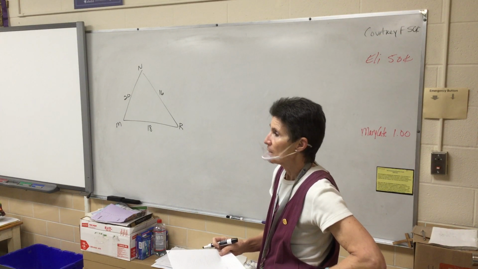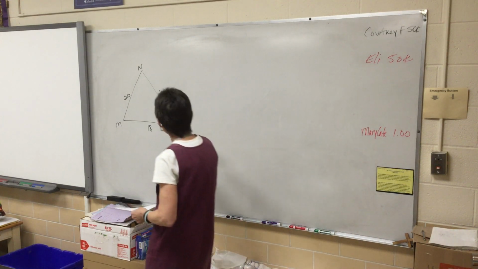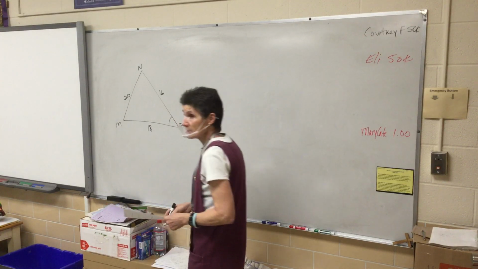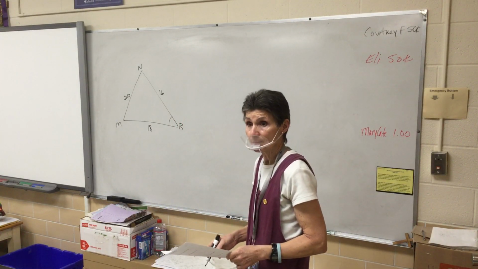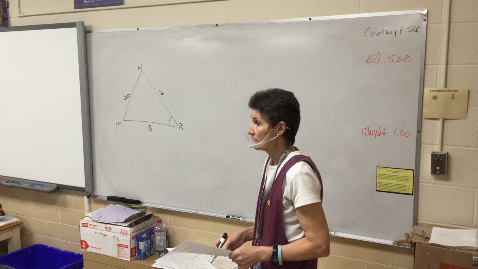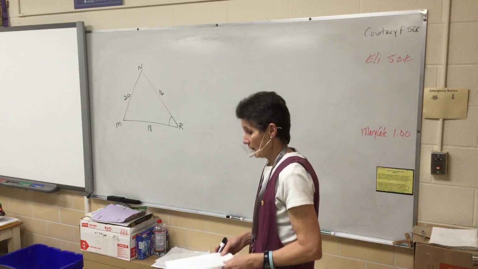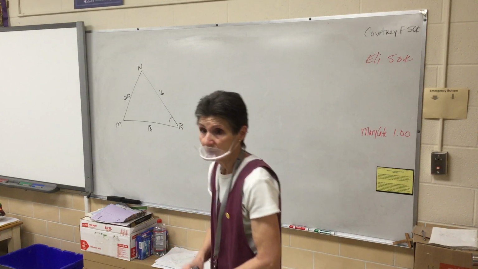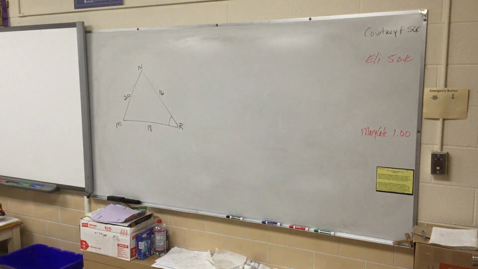It's going to be R, right? Because it's across from the biggest side. Okay? Now, to find an angle or a side, take your little packet, the very back side.